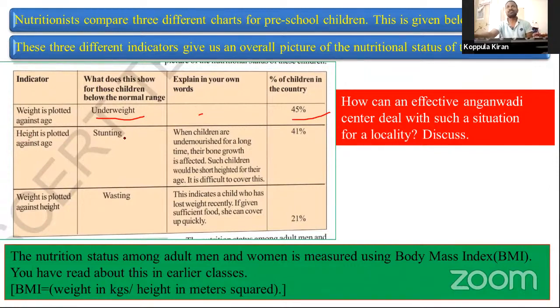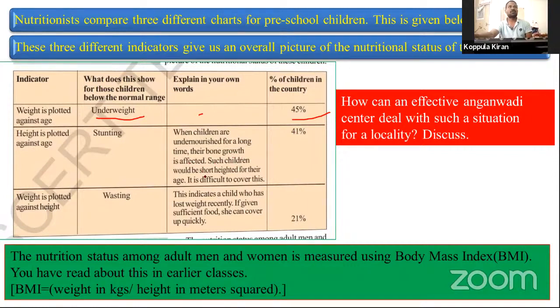Stunting. What is stunting? Stunting means physical growth is fixed. There is no growth in the children. See this? When children are undernourished for a long time, their bone growth is affected.